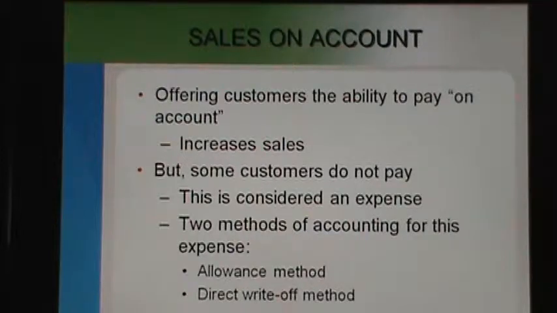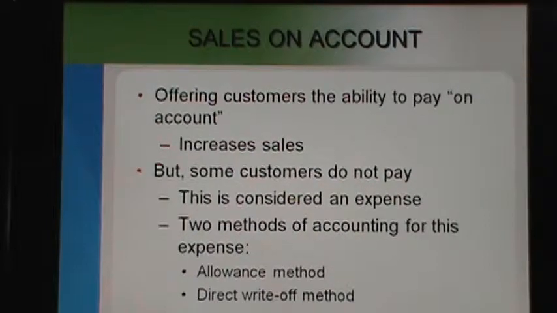So it's a risk you're willing to take, hoping that your customers pay back the credit that you give them. And if they don't, then it's considered an expense, and we have to write it off. So 2 methods for writing it off is the allowance method and the direct write-off method.